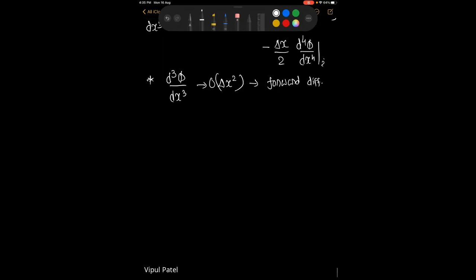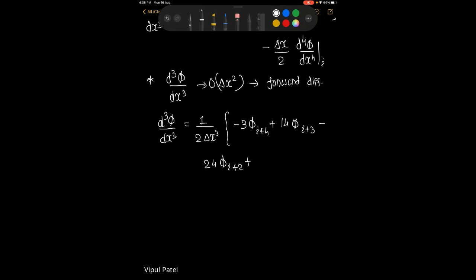Your expression would be something like this: d cube phi by dx cube is equal to 1 over 2 delta x cube times minus 3 phi i plus 4 plus 14 phi i plus 3 minus 24 phi i plus 2 plus 18 phi i plus 1 minus 5 phi i.